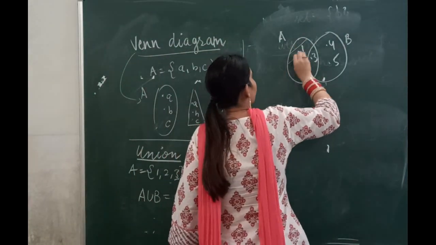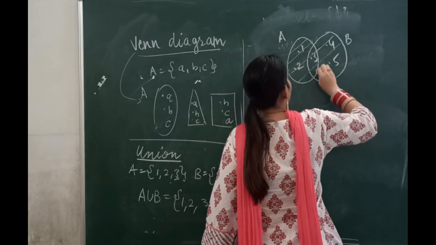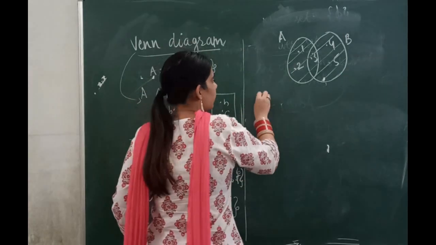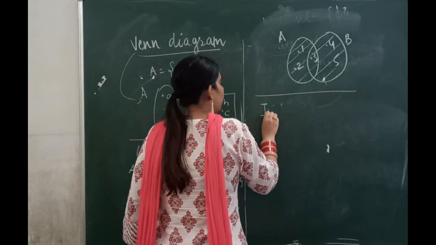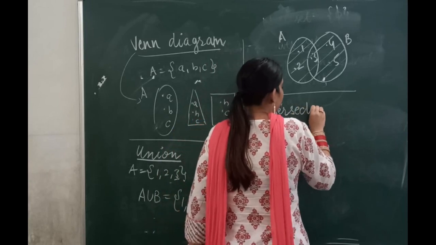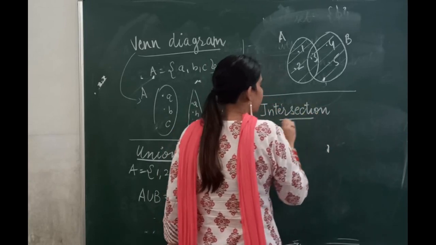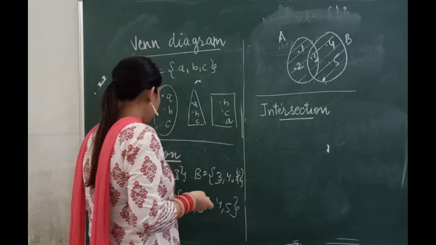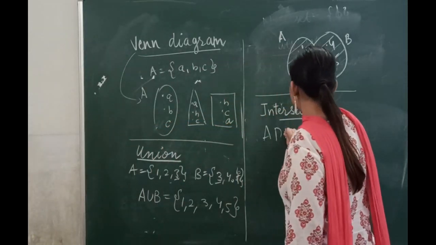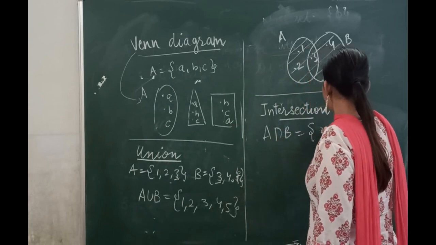And if I have to shade A union B, it will be the whole part. Now let us see intersection. How will the intersection of A and B look? We already know that A intersection B will be 3.